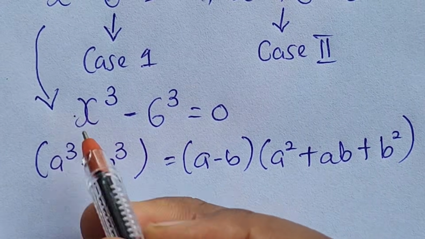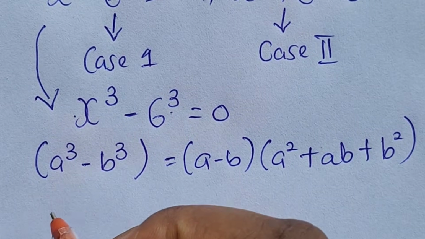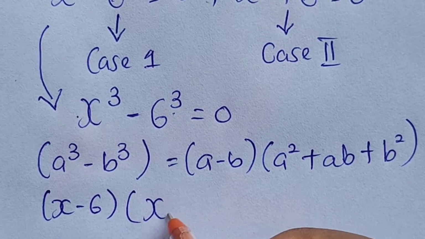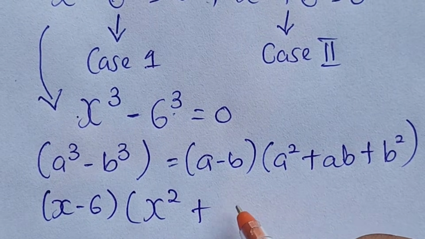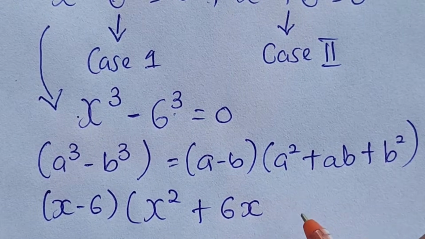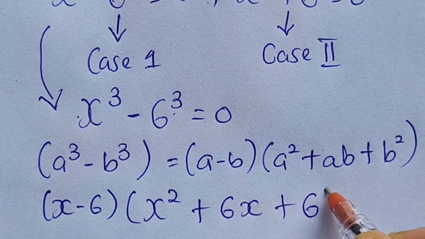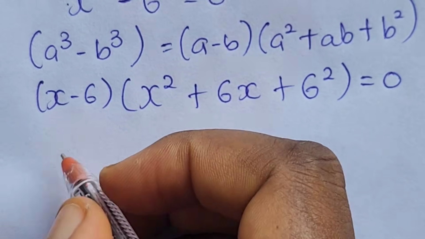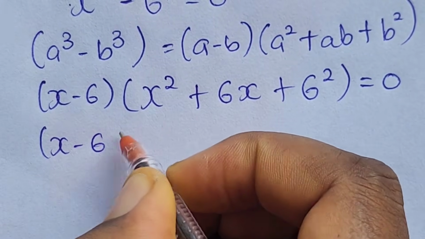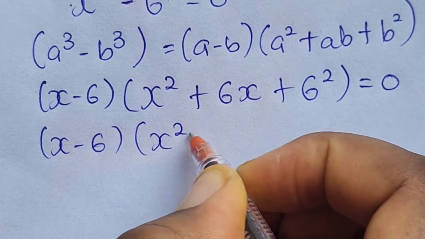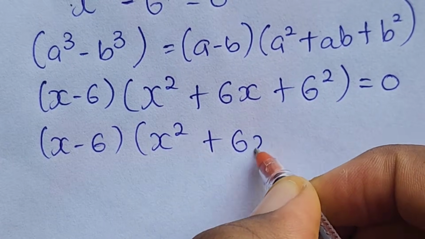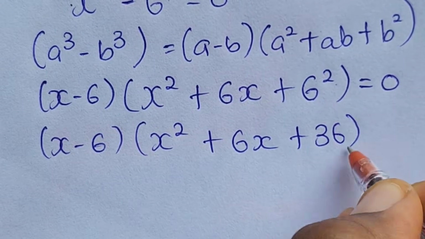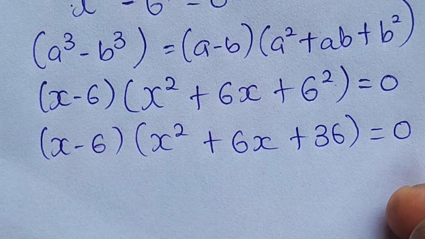So expanding this equation, we have (x minus 6) times (x squared plus 6x plus 6 squared), all equal to 0. So we have (x minus 6) times (x squared plus 6x plus 36) equal to 0, since 6 to the power of 2 is 36.